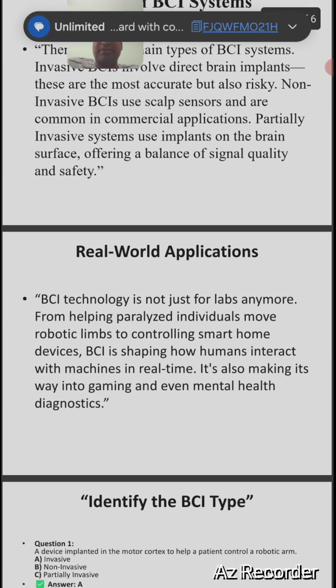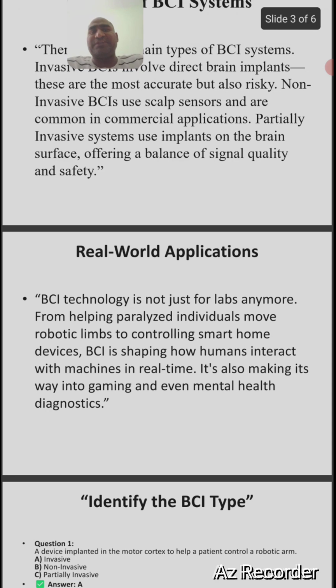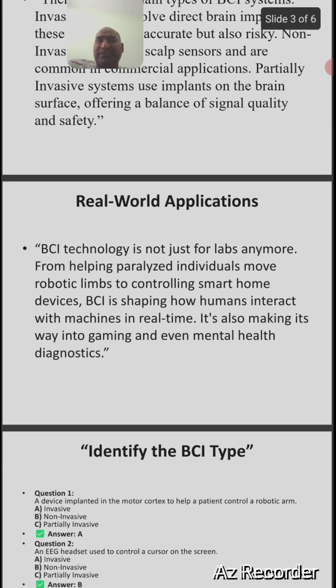What are the different real world applications? BCI technology is used for paralyzed individuals, for robotic limbs, to control smart home devices, so that humans can interact with machines in real time. It is also making its way into gaming and even mental health diagnostics.